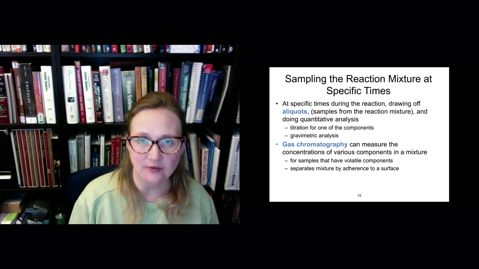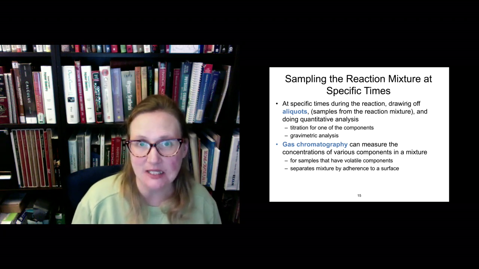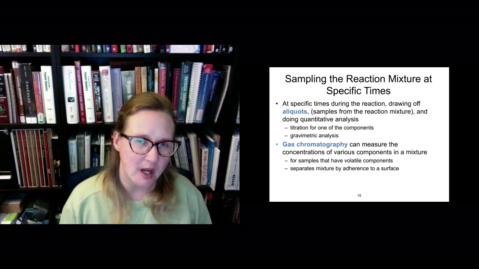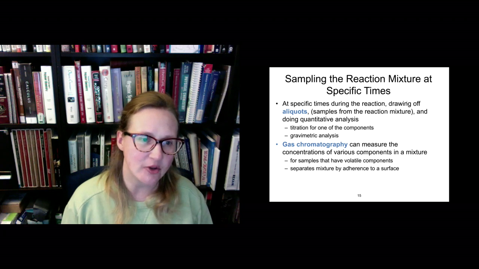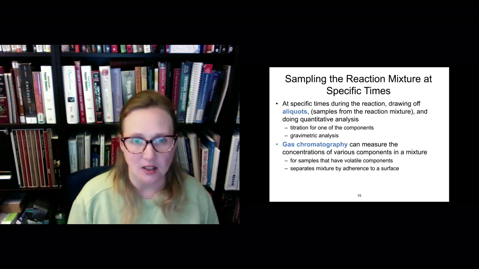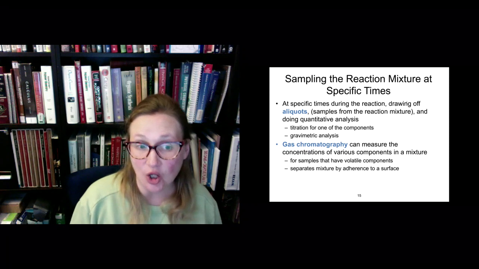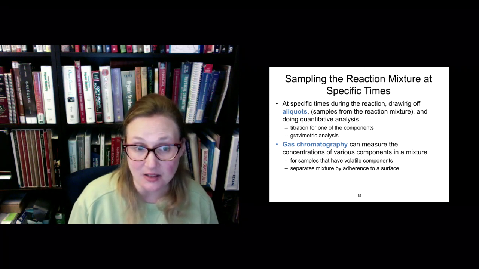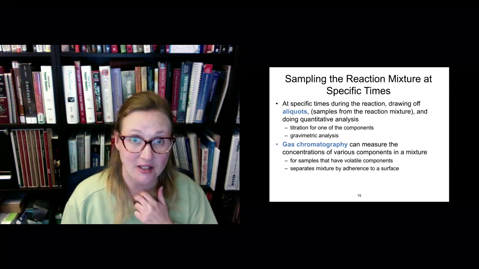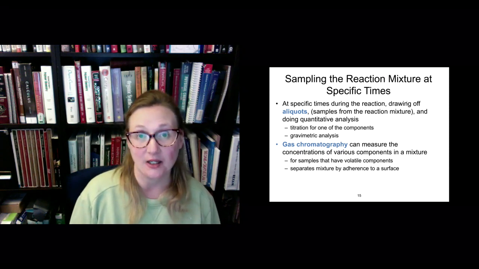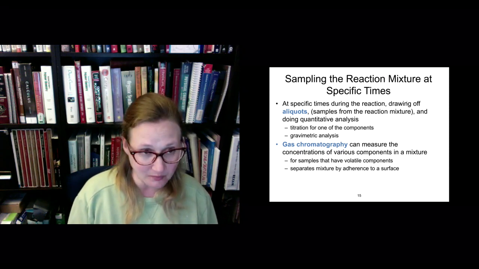All right, and if we want to do sampling for a reaction that takes a really long time, like maybe days, what we would do is take aliquots. And when you take aliquots, you can do a couple things. You can titrate to analyze the components of your reaction. You could do what's called a gravimetric analysis, which sometimes has to do with titration or a combustion reaction.